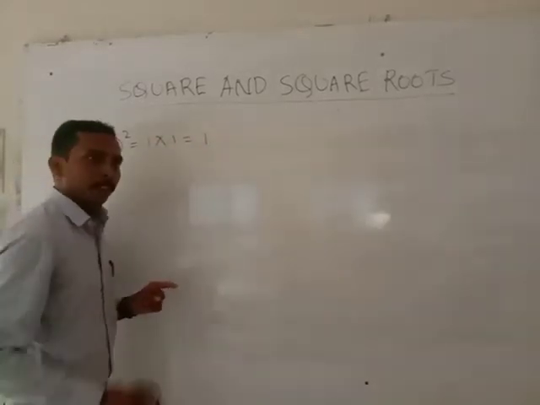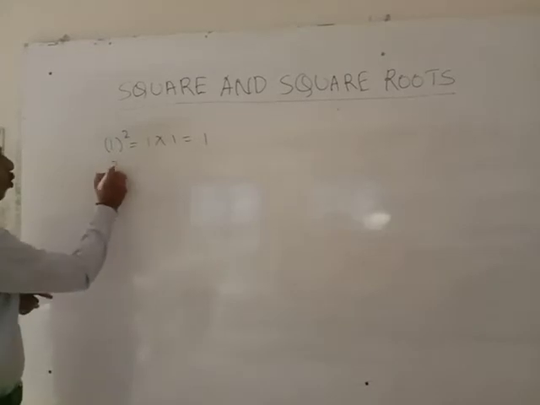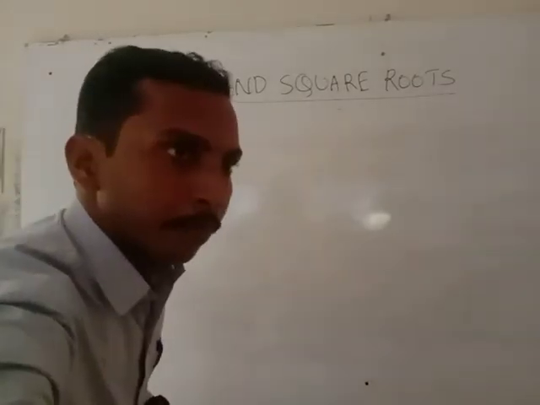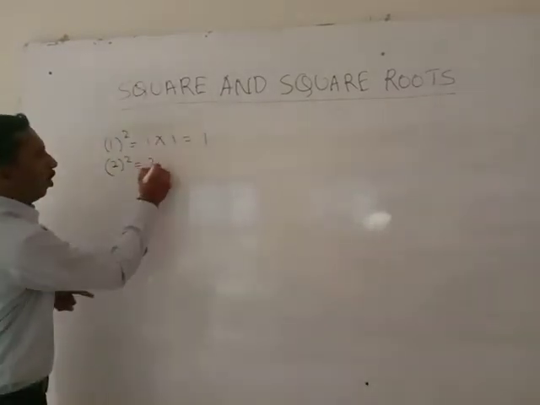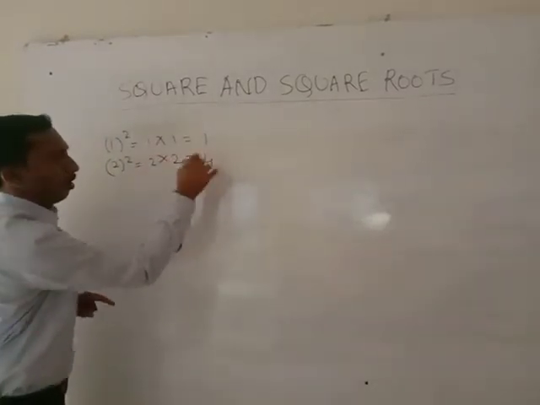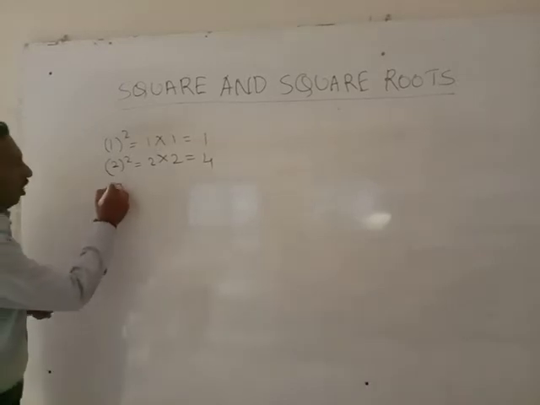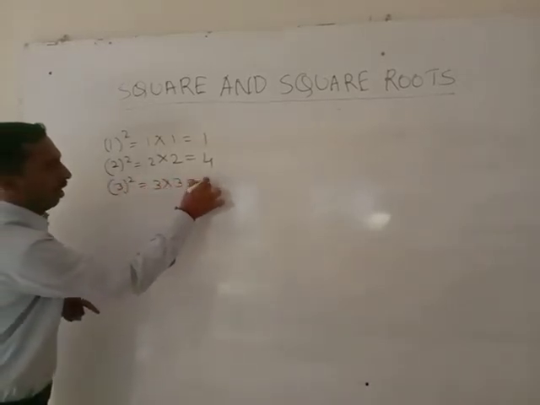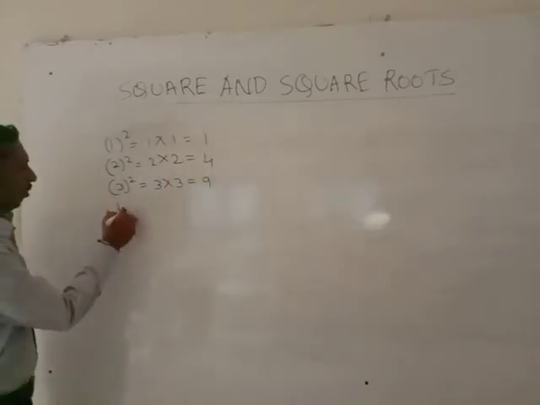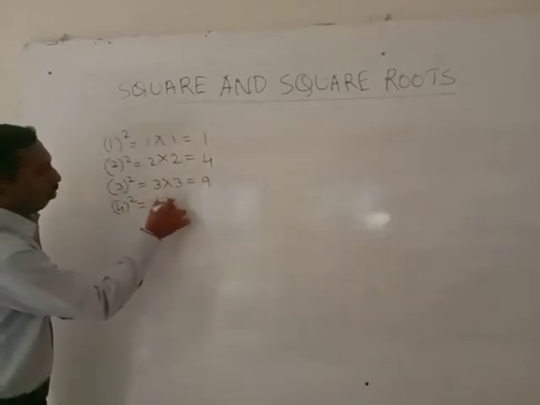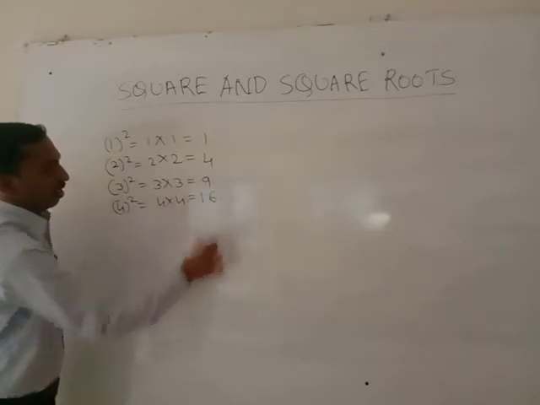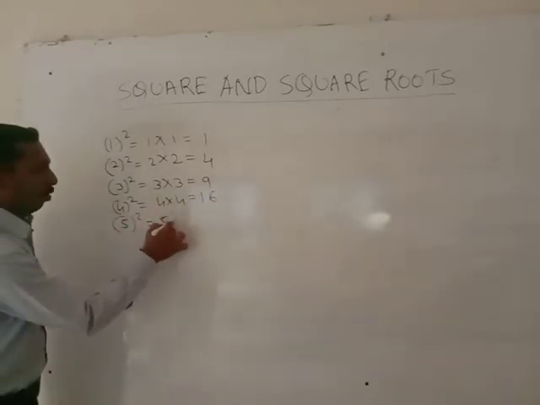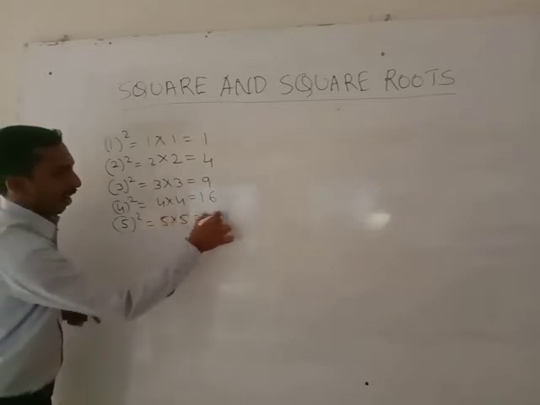1. And now 2 square. Here 2 square means 2 into 2 is equal to what? 4. Now the next is 3 square. 3 into 3 is 9. Next 4 square. 4 into 4 is equal to what? 16. 5 square, that is 5 into 5, 25.